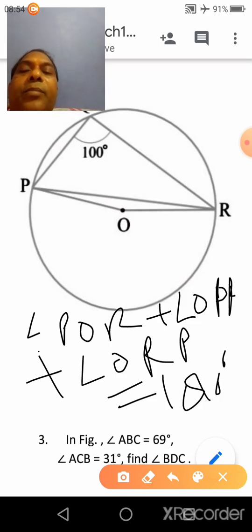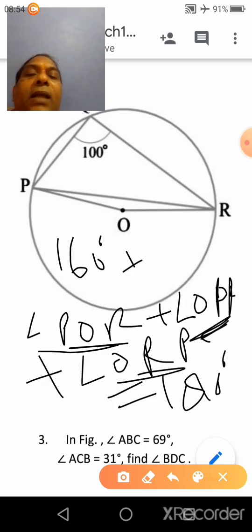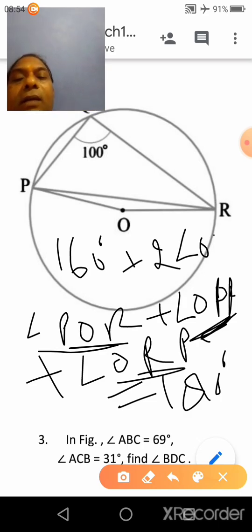Clear? POR is 160, so write here 160 plus ORP and OPR are equal, so write angle OPR in place of ORP, so twice of OPR is equal to 180 degree.